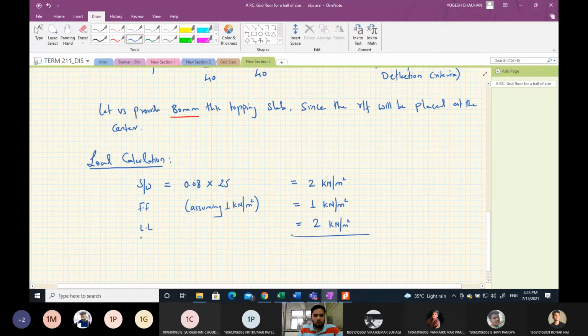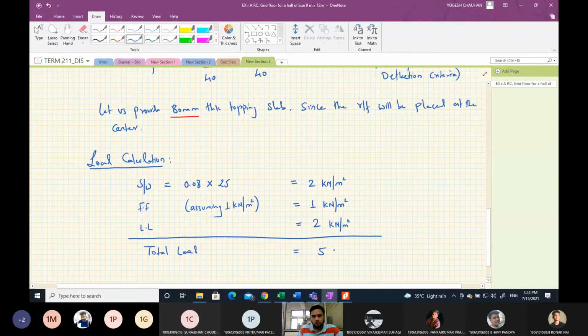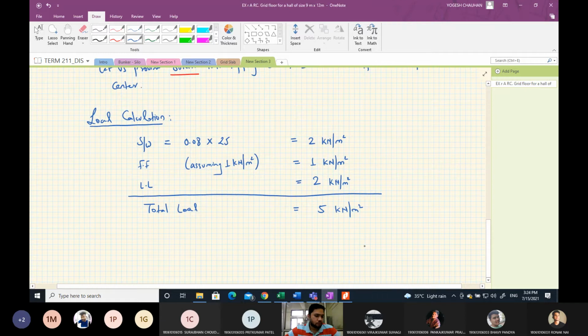So the total load is equal to 5 kN per square meter. Therefore, the factored load will be equal to 1.5 times 5, that is 7.5 kN per square meter.